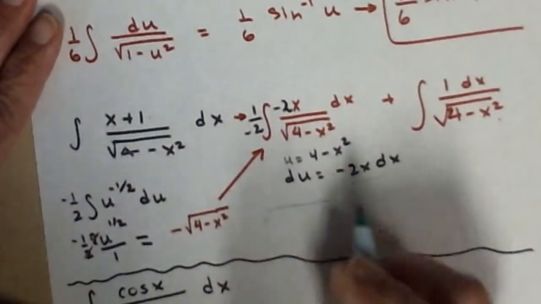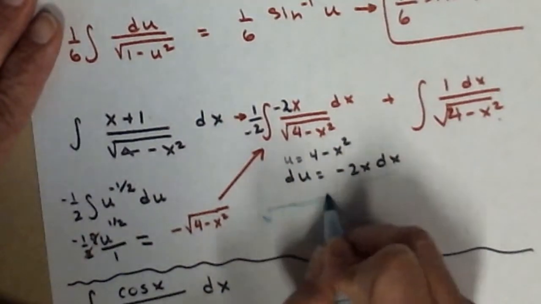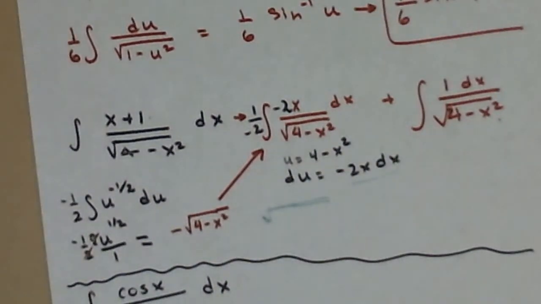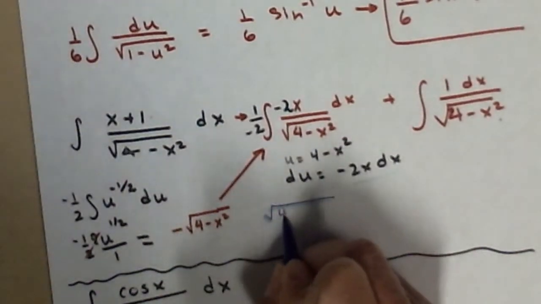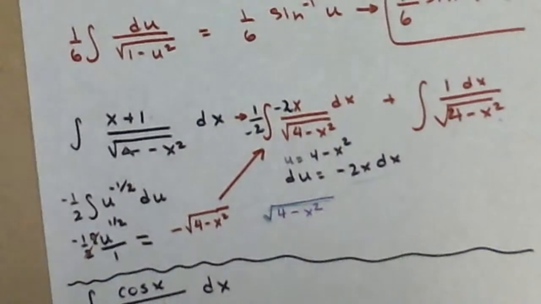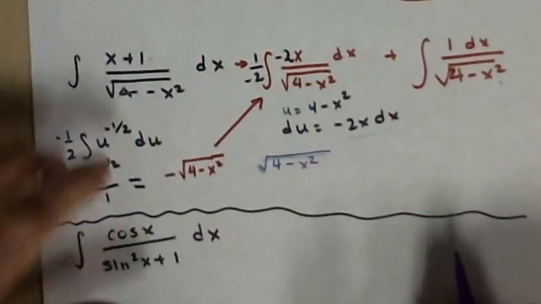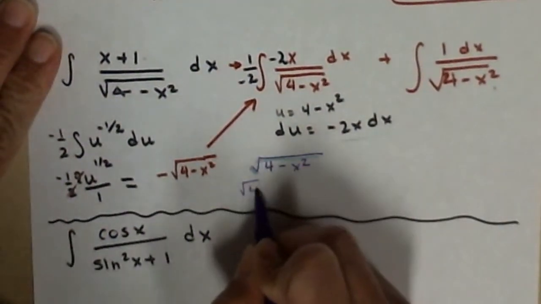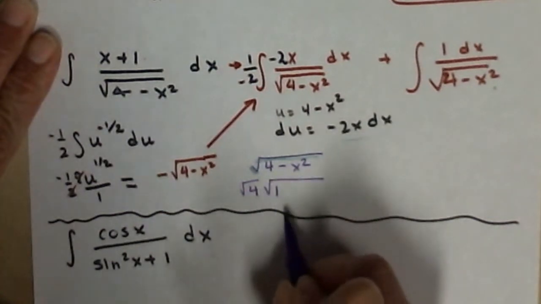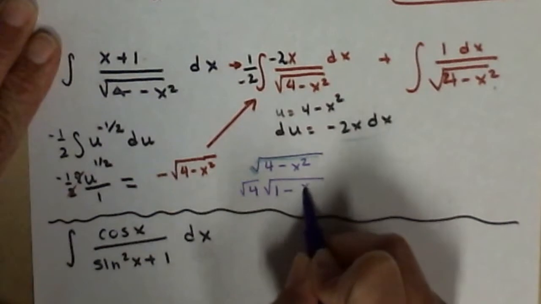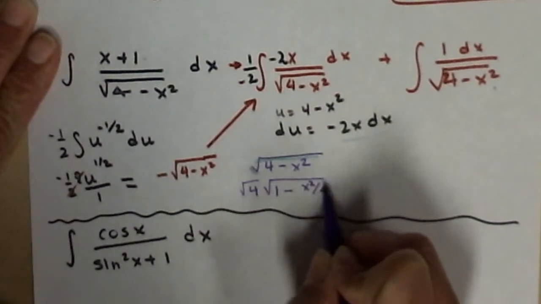I'm going to grab purple. I have 4 minus x squared, and I want to factor out a square root of 4. So that would be a 1 here, and then minus x squared over 4 underneath.